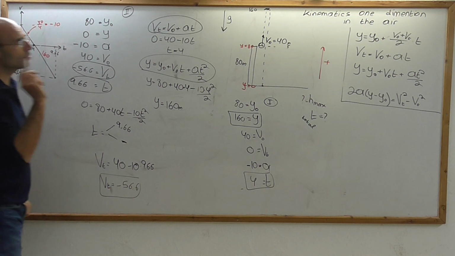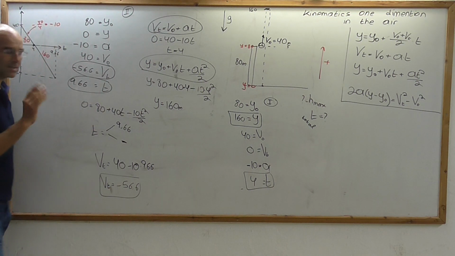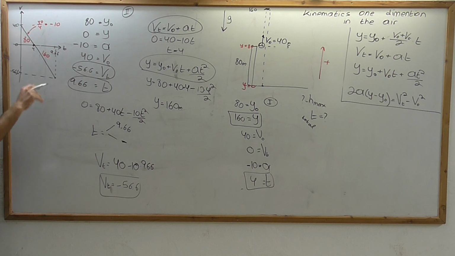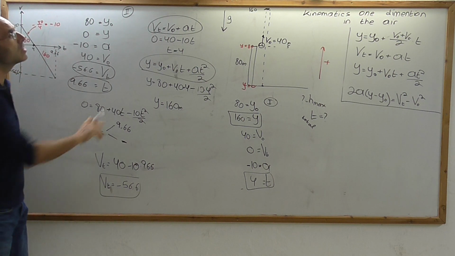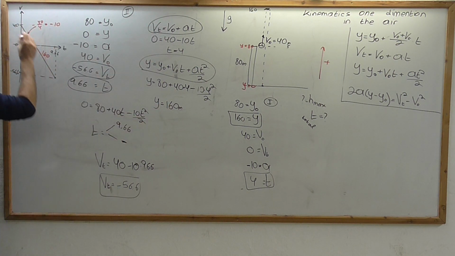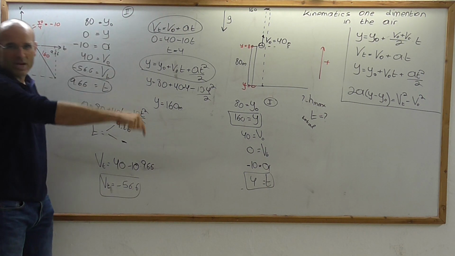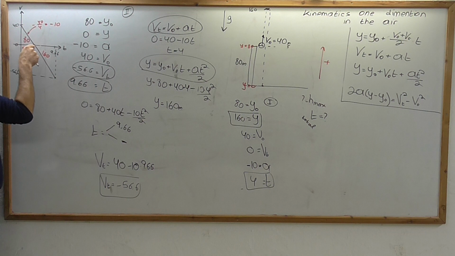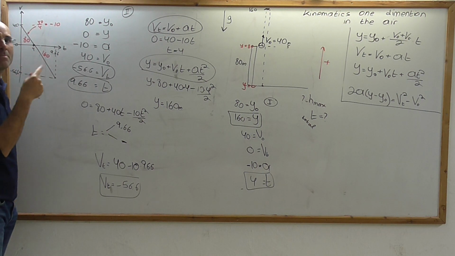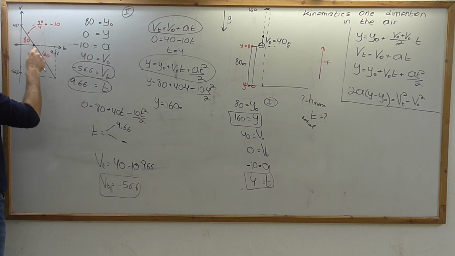Now I want to show you one more thing: why A equals minus 10 is logical, even though it changes direction. Here it's intuitive, because the velocity decreases by 10 every second, from 40, 30, 20, 10, 0. Mathematically, the velocity still decreases because it's minus 10, minus 20, minus 30, minus 40.